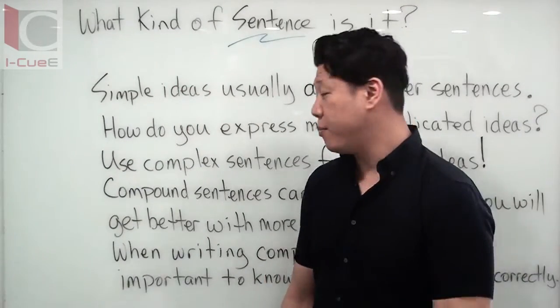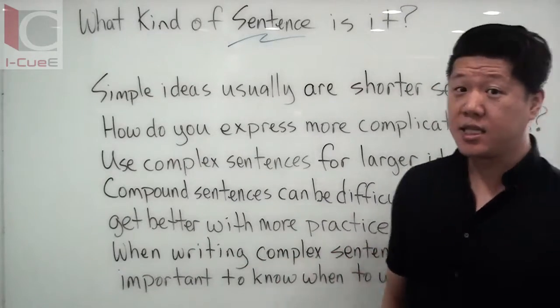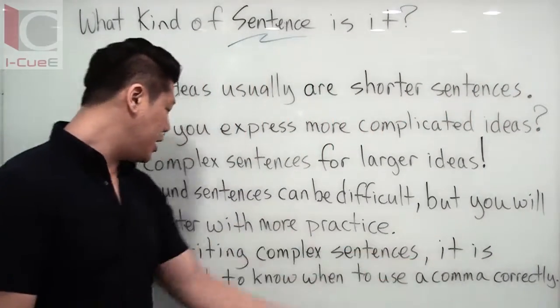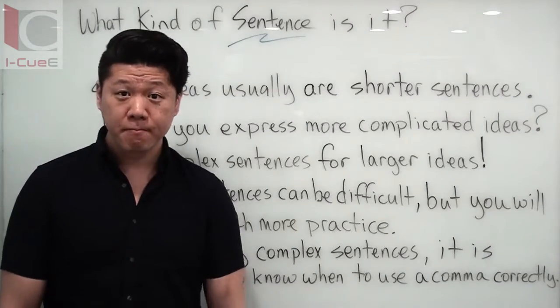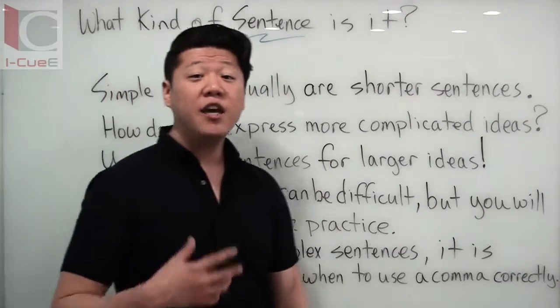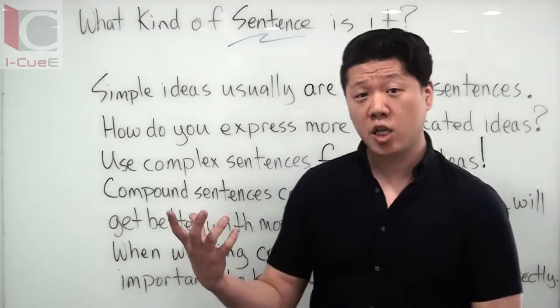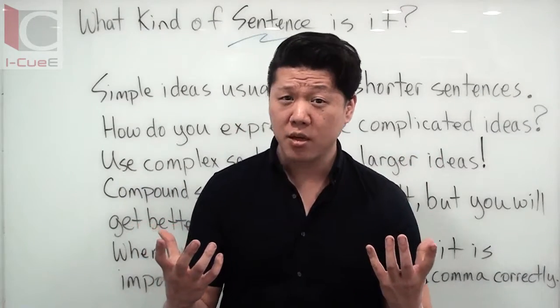Our last example, when writing complex sentences, it is important to know when to use a comma correctly. So when you have a complex sentence, if you are starting with an independent clause and then ending with a dependent clause, do you need a comma?